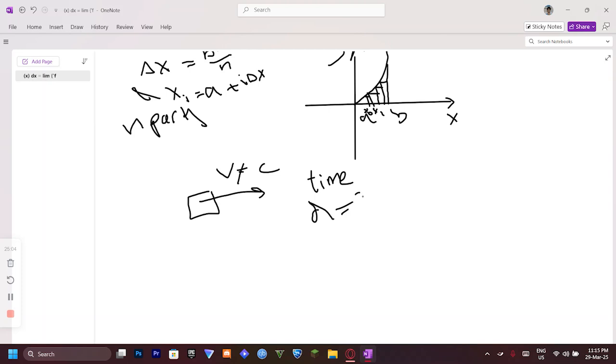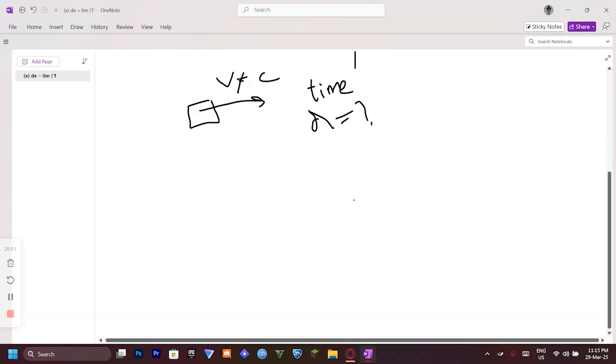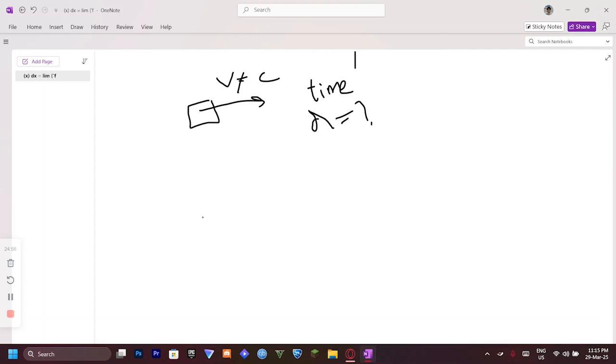I don't know my speed at every time, so I'm going to separate it into smaller time segments and say, for this time segment, the speed is approximately some value of v.